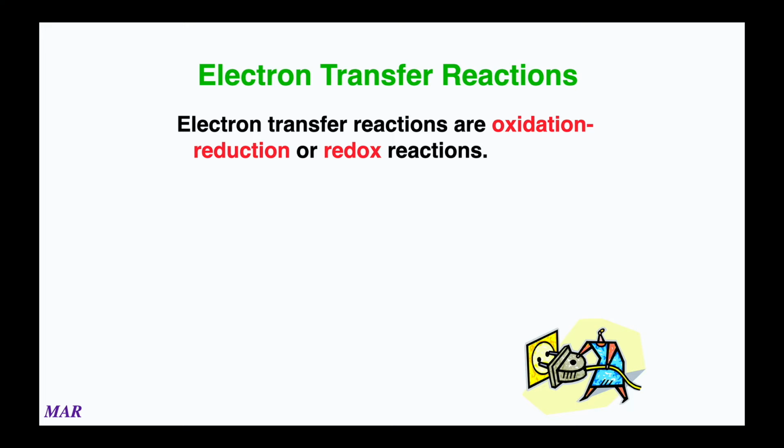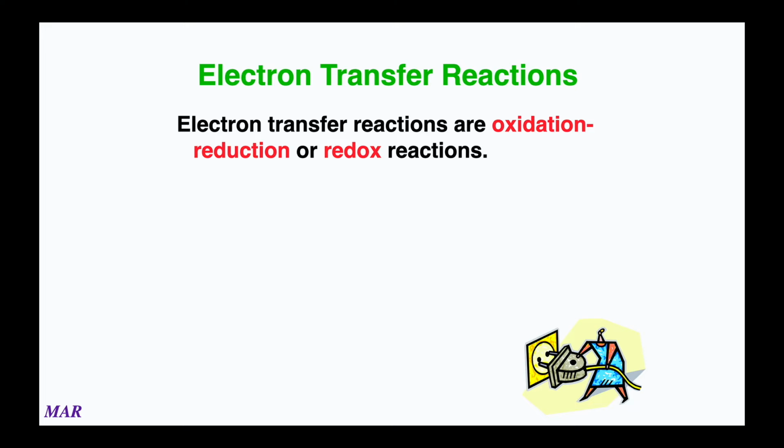Electron transfer reactions are officially called oxidation reduction reactions. This is something we looked at in Chem 221, in one of the sections between chapters 3 and 4. Oxidation reduction reactions are often condensed down to redox reactions. So a redox reaction is an electron transfer reaction.